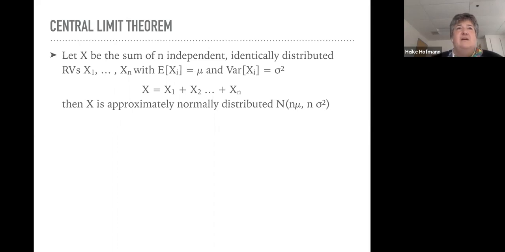SAT scores are the outcome of a test. So each test consists of a set of questions. We can maybe assume that the questions are of equal difficulty level. That's probably not quite true, but let's assume that.